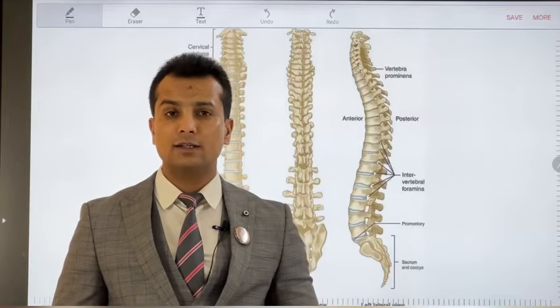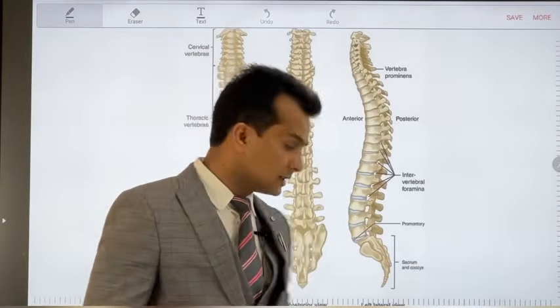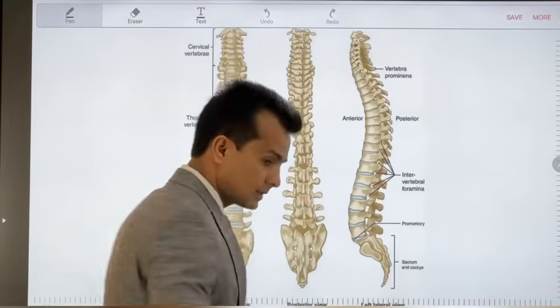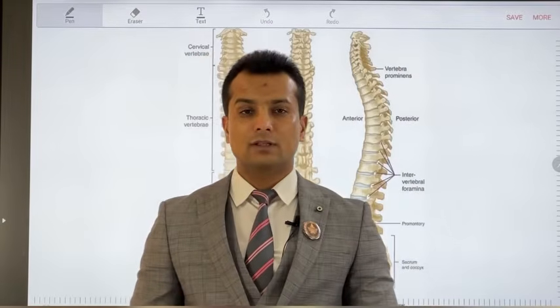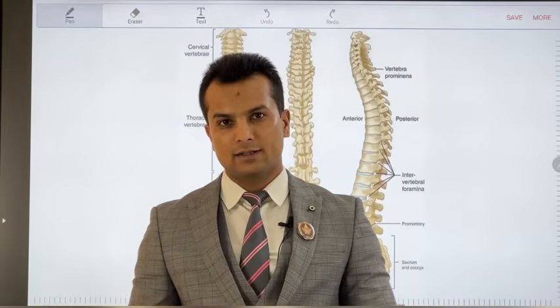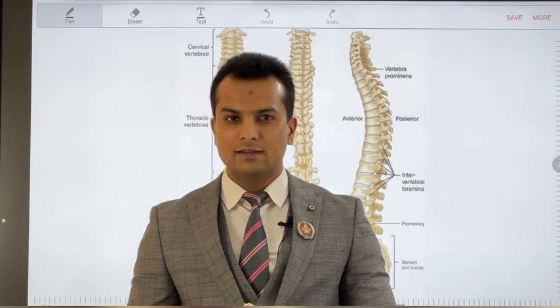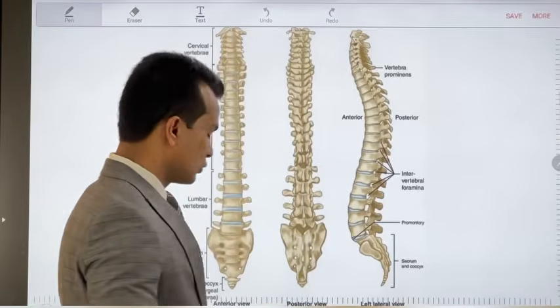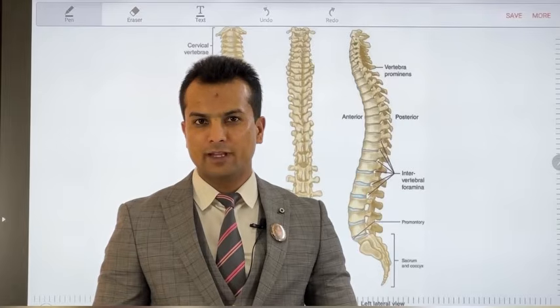We are going to start right from the cervical vertebrae, especially the most important ones, C1 and C2. The first cervical vertebra is called the atlas, and the second cervical vertebra is called the axis. The atlanto-occipital joint is a very important joint.